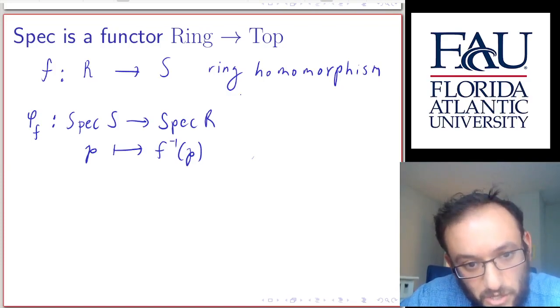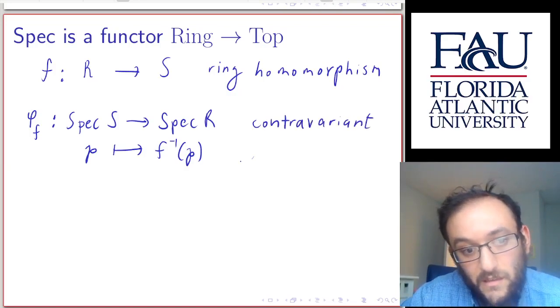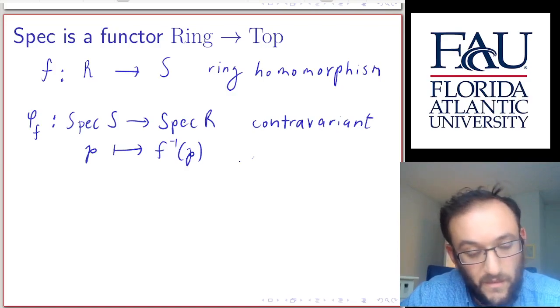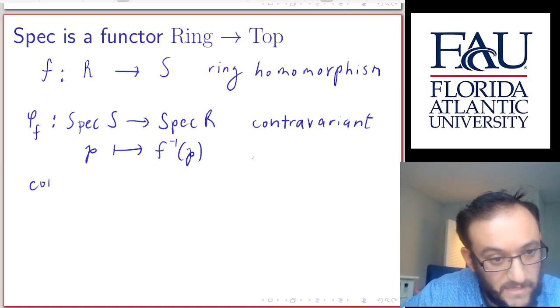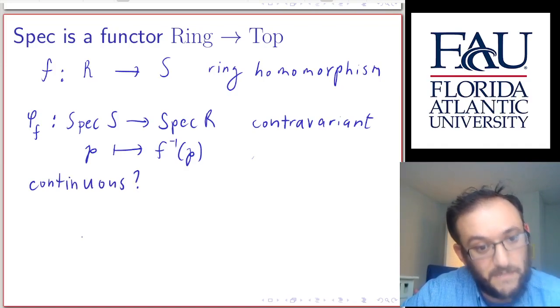So first of all, we should note that this is contravariant because we start out mapping R to S, and then we end up mapping Spec S to Spec R. And we want to claim that this is continuous, which would give us a morphism in the category of topological spaces.